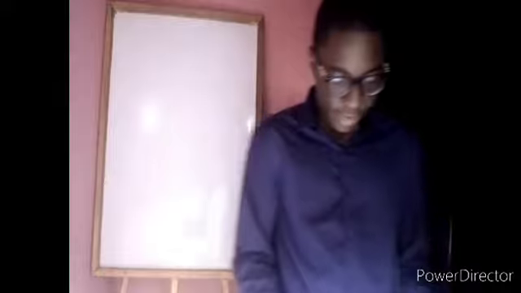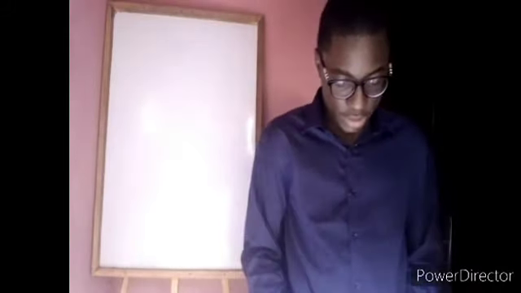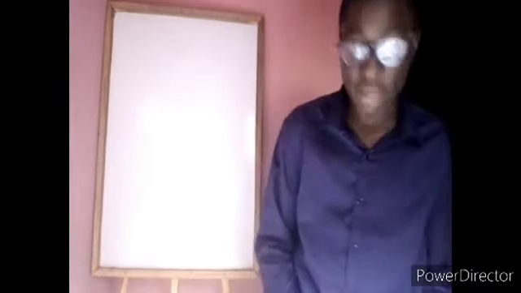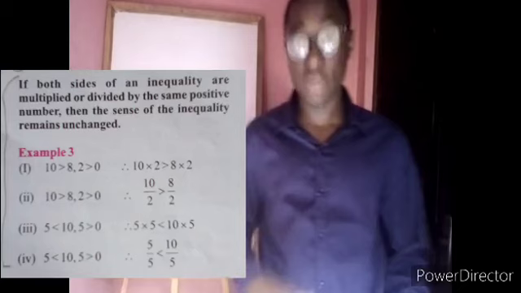Inequalities have their arrows: some have the greater than arrows, some have the lesser than arrows. That is called the sense of the inequality. When you multiply or divide by the same positive number, the direction of the inequality will not change. It remains the same.